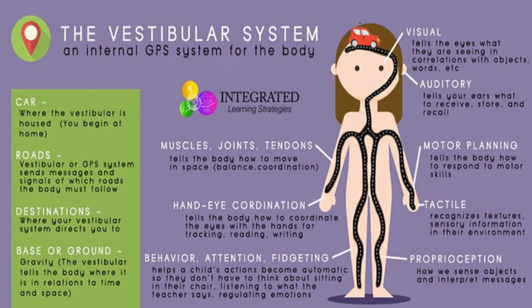Then we have tactile feedback that recognizes texture, sensory information in the environment. Then we have hand-eye coordination that tells the body how to coordinate the eyes with the hands for tracking, reading, writing. And then we have proprioception, or how we sense objects and interpret messages. And so we have behavioral attention and fidgeting that helps a child's actions become automatic, so they don't have to think about sitting in their chair, listening to what the teacher says, or regulating emotions.